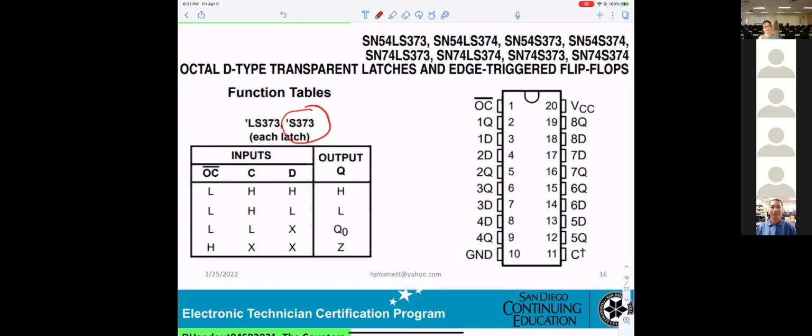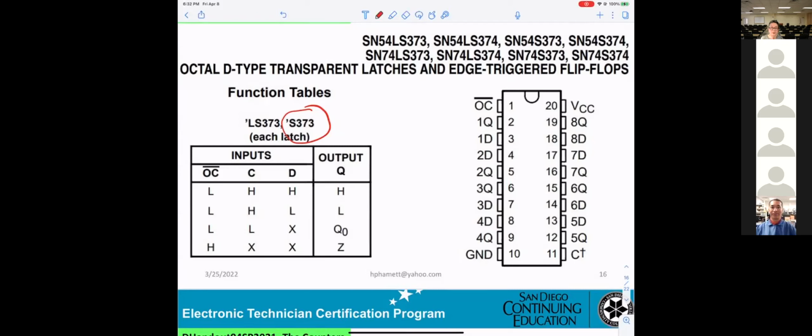If you see this IC, how many pins? 20, right? 1 up to 20. Like normal, the 20th will be 5 volt. Pin number 10, just half of 20, will be ground. This is just like the flip-flop.